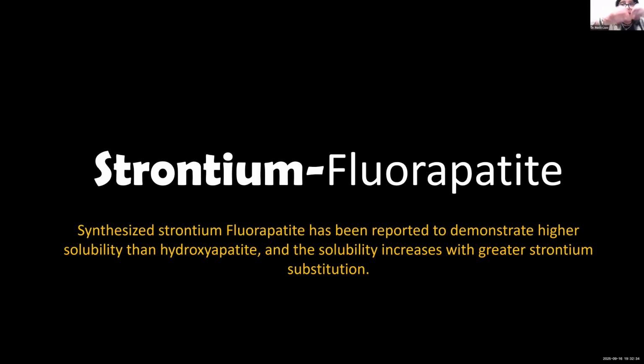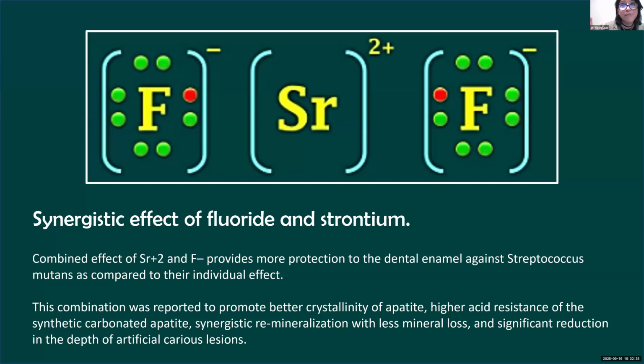It's going to interact with the strontium and form strontium fluorapatite. That is better than only fluorapatite. And when you do this interaction of fluoride and strontium, it's more potent, okay, to be more antibacterial.